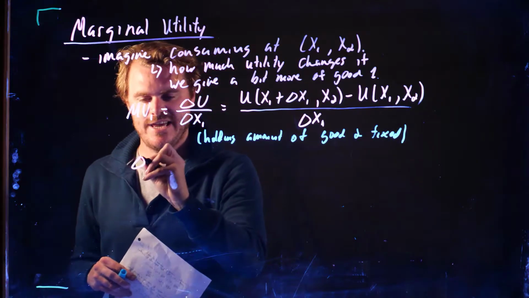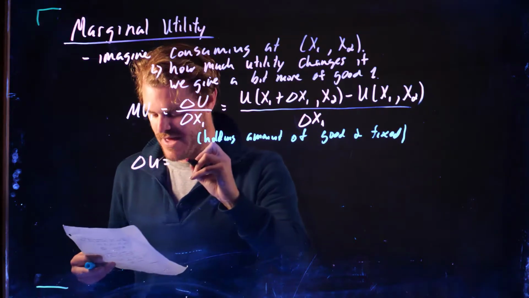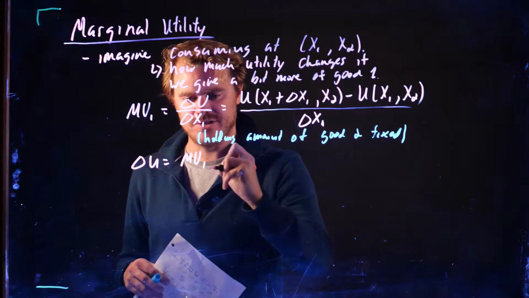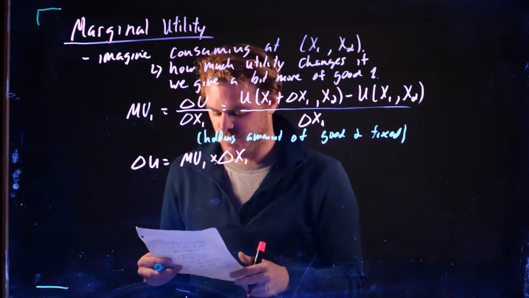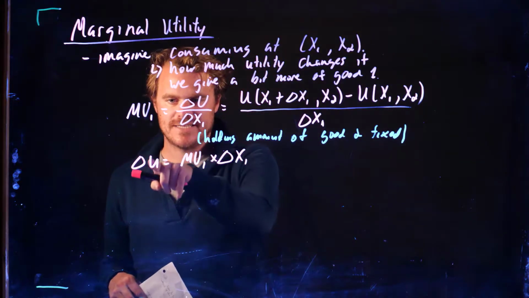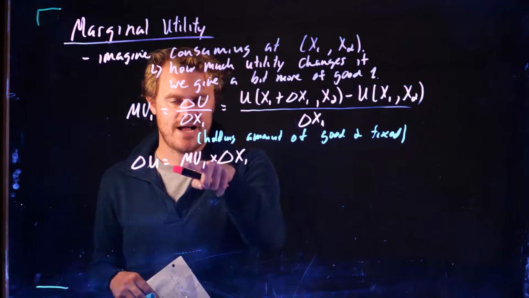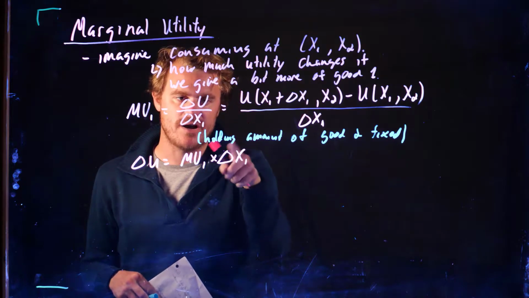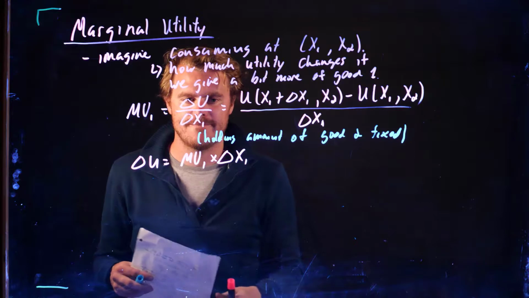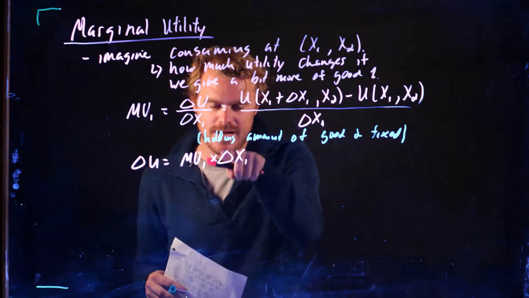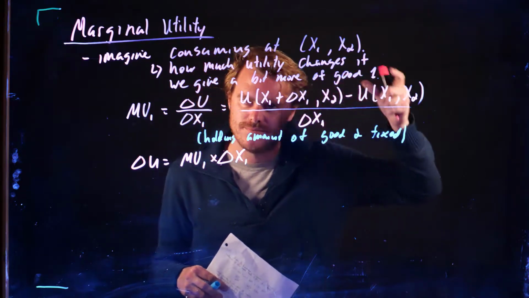And if we wanted the change in utility from that, it equals the marginal utility from good 1 times the change in x1. So the total change in utility is how much changing a marginal amount of x1 changes utility times the actual change that we see in the amount of good 1.